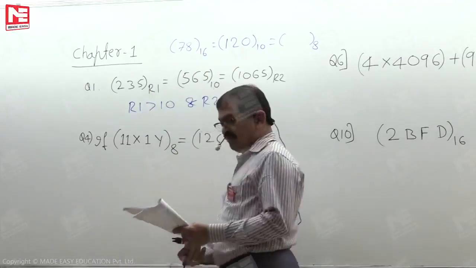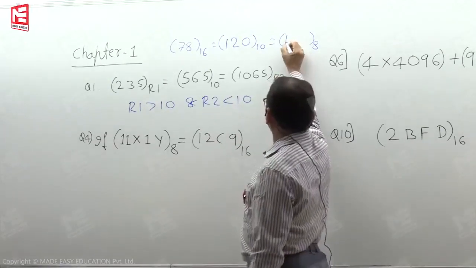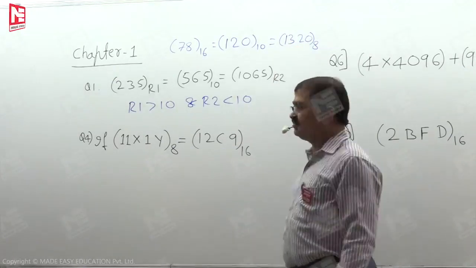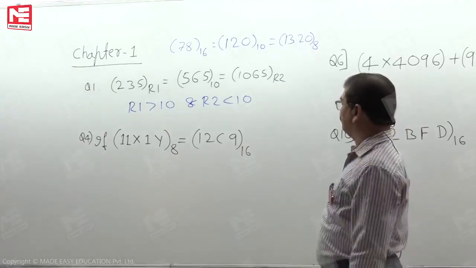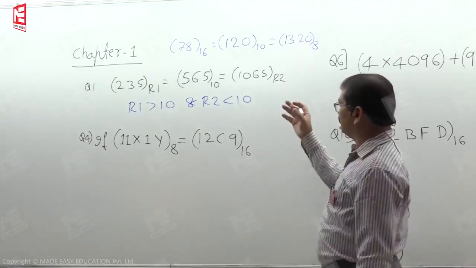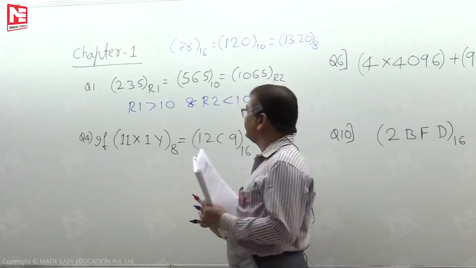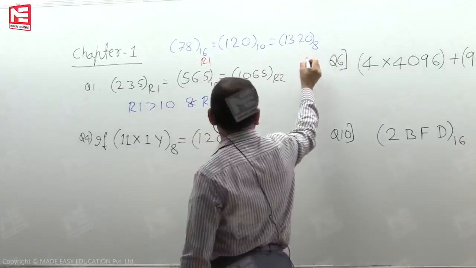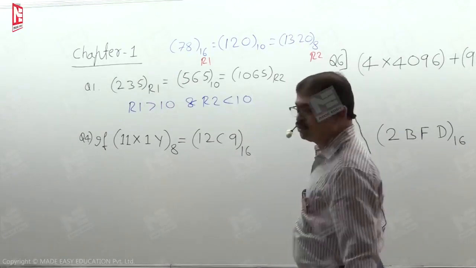As an octal number, it will be 170. So this decimal 120, when expressed with radix R1 equal to 16, is 78. When expressed with radix R2 equal to 8, it is 170.